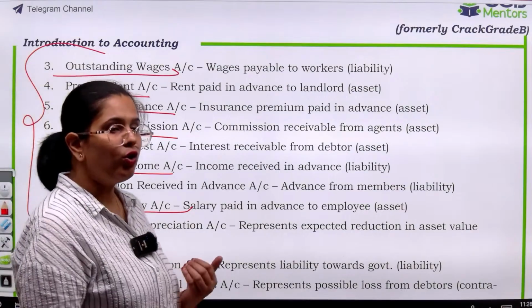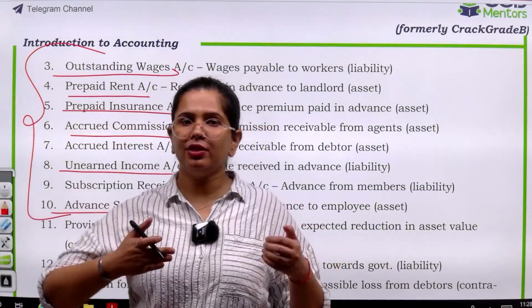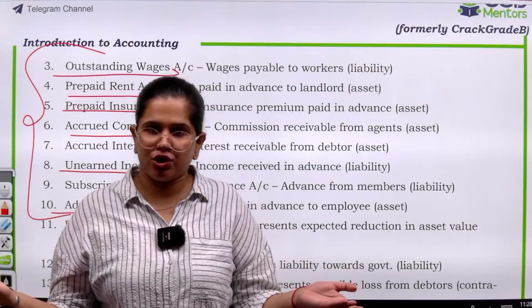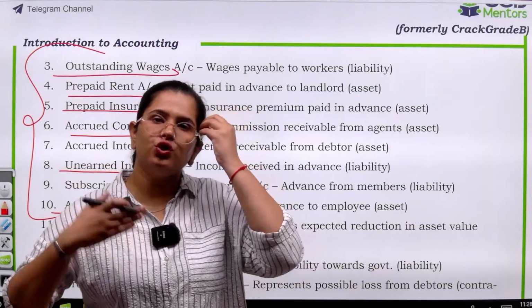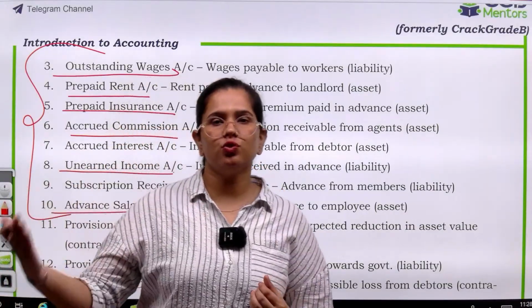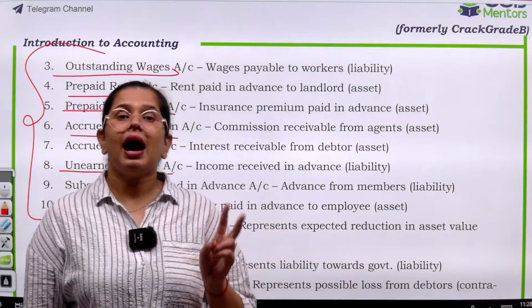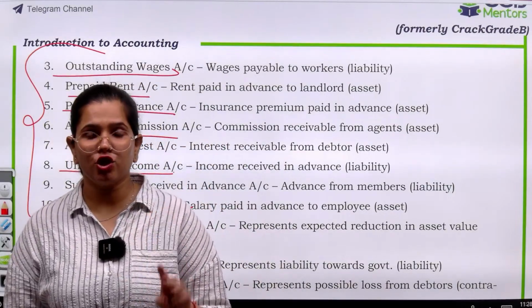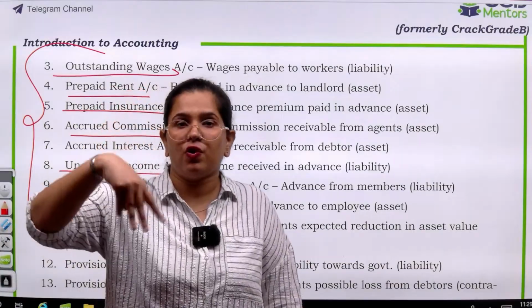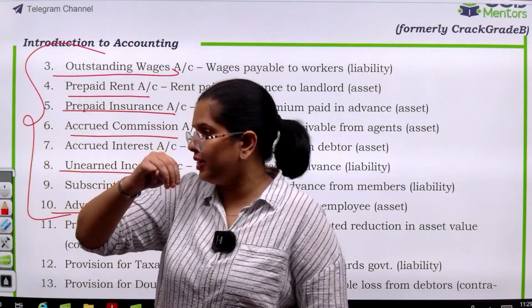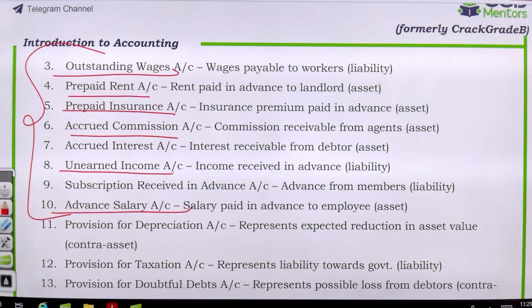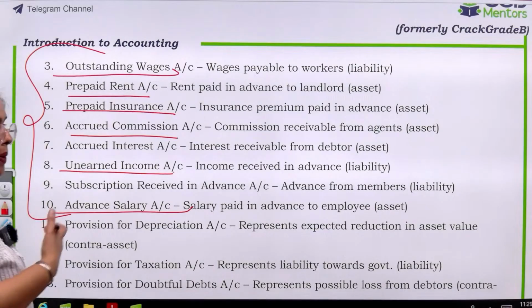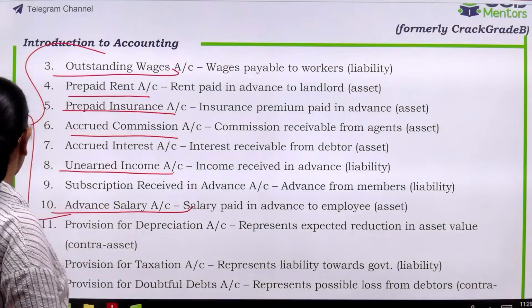I had to pay the insurance for the month of April to March, but the cycle of my insurance goes from June to June. So that means I have already paid insurance in advance for 3 months. For the next year also I have paid in this year. So what is that? That is prepaid insurance. I have paid more, and it is an asset for me.